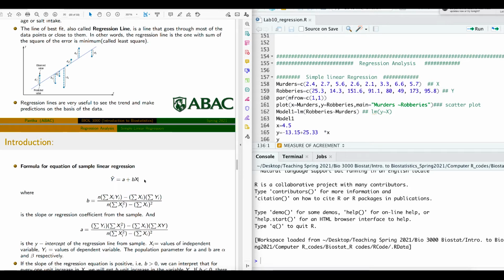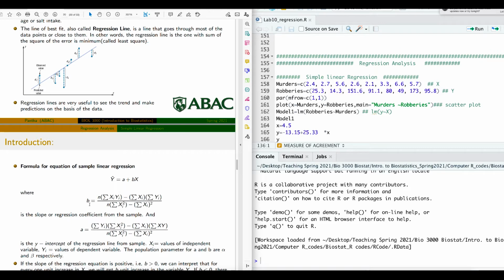So the equation of the line is y hat equals a plus bx. To find the equation of that line, we use y hat equals a plus bx, where a and b are found by using the x data and y data.